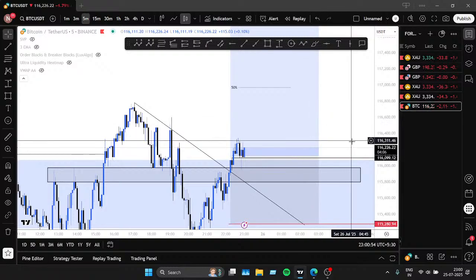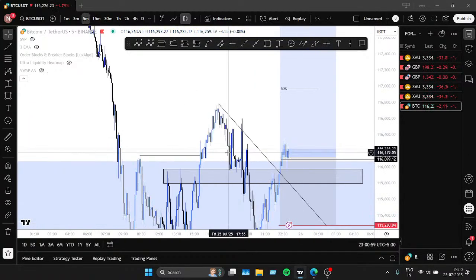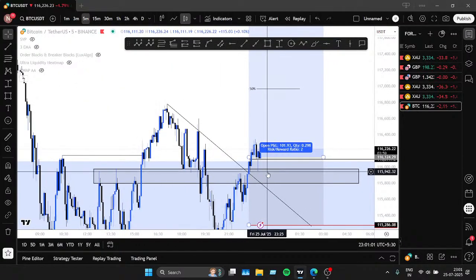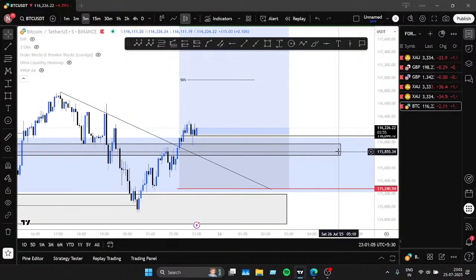Once again, giving us a good reaction to the upside. Price is respecting this support zone actually, this 5 minutes time frame.